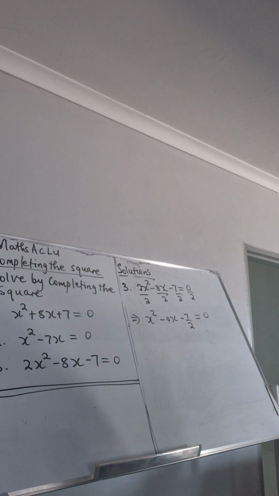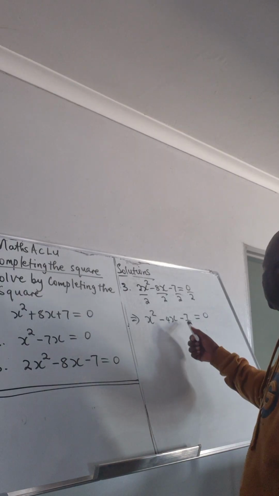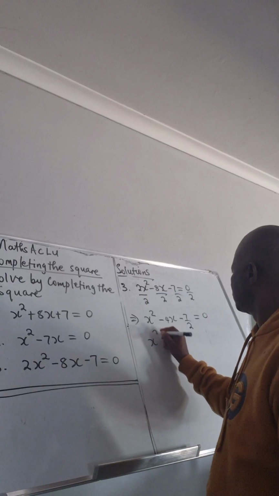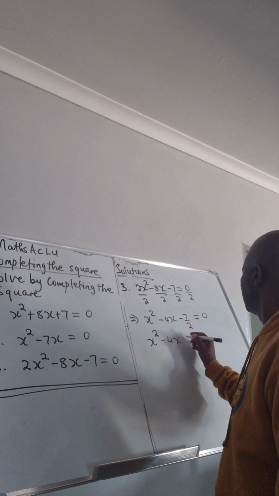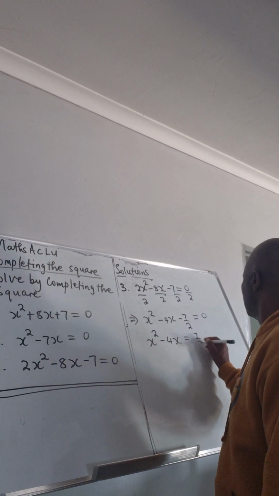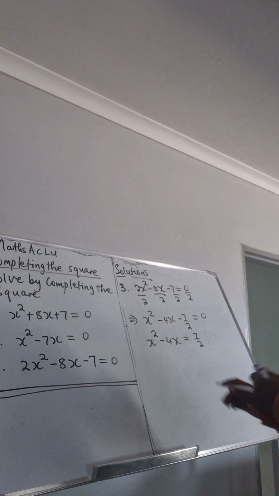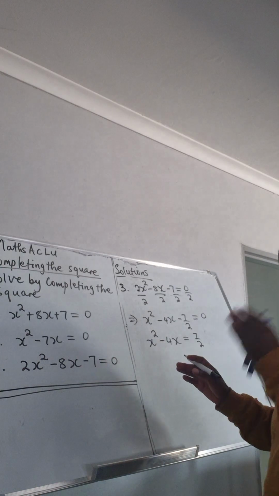Then take minus 7 over 2 to the right hand side. So x squared minus 4x is equal to 7 over 2. Fine. Now we want to make the left hand side a perfect square.